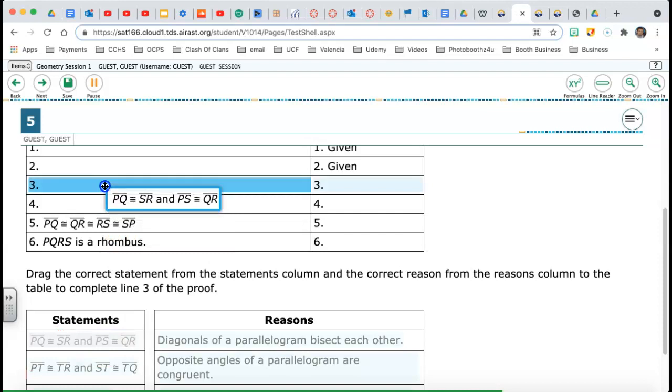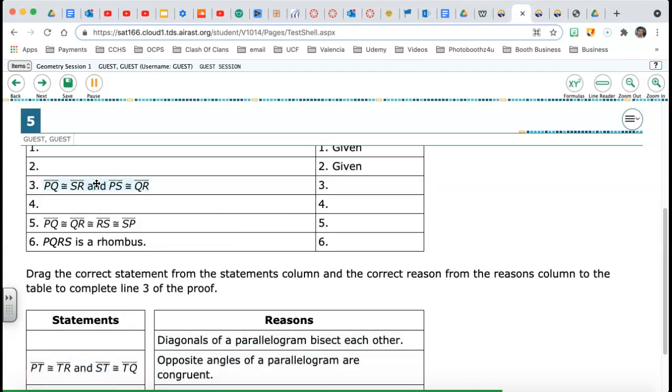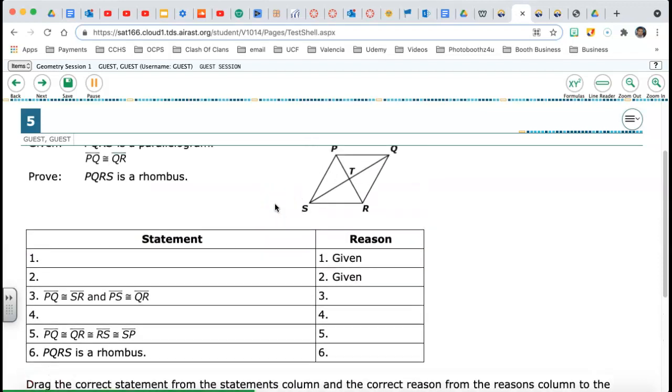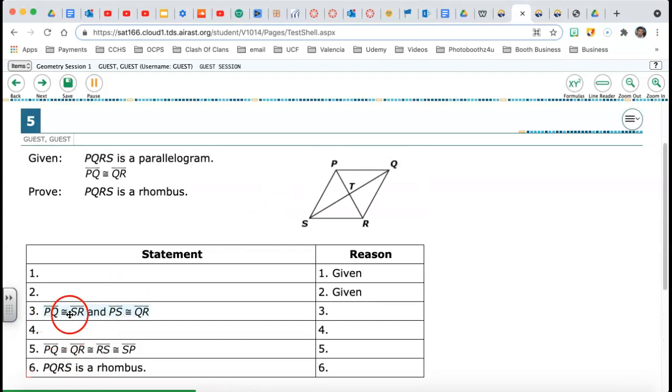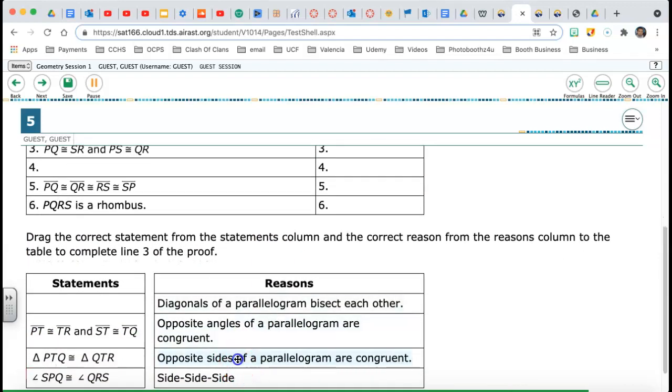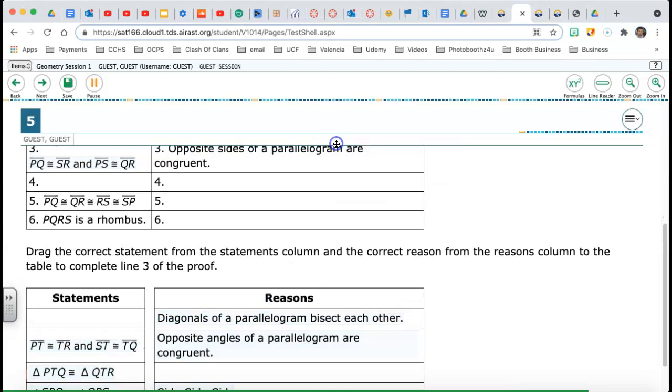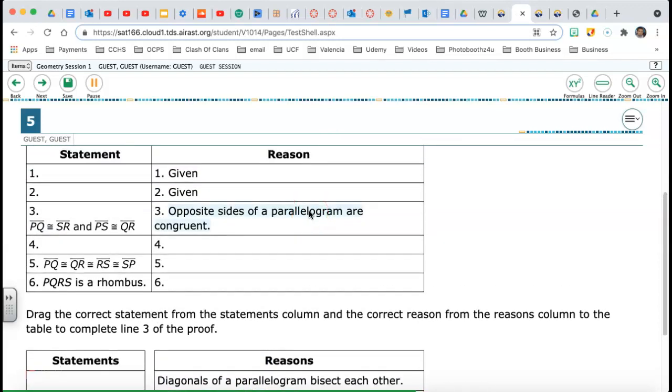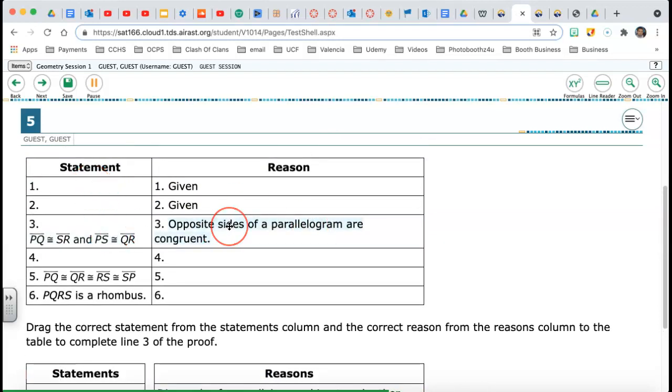There we go. That's the one. And why? PQ, SR, top and the bottom. PS, QR, left and right. Yes. Opposite sides are congruent. Opposite sides of a parallelogram are congruent. And that's my reason. So that's my statement and that's my reason.